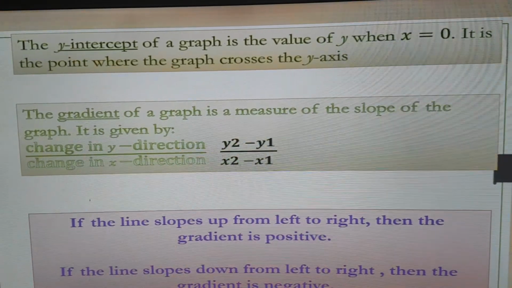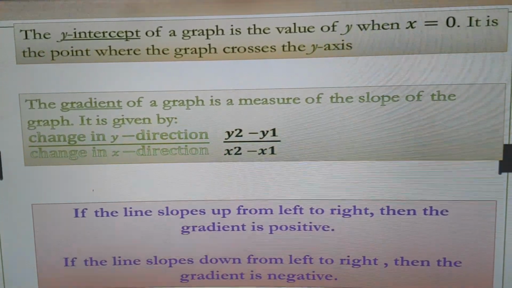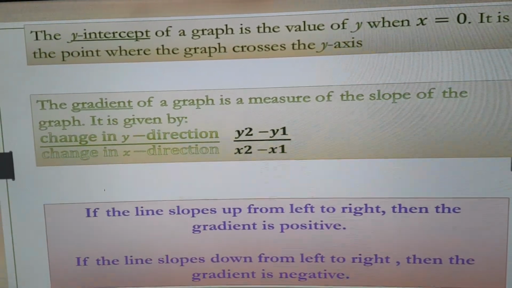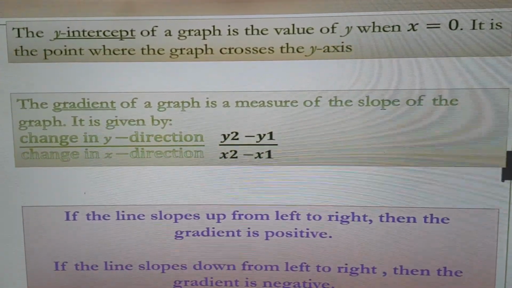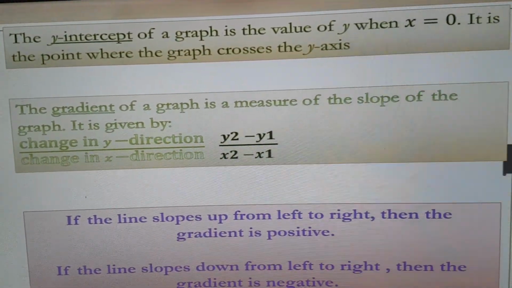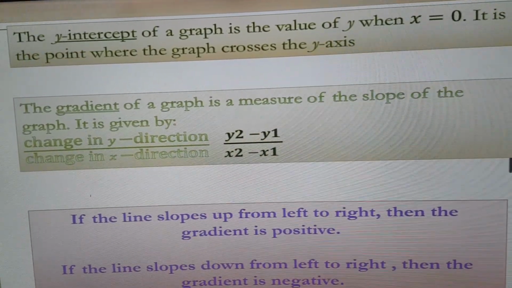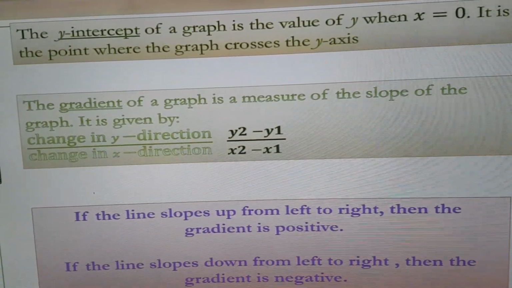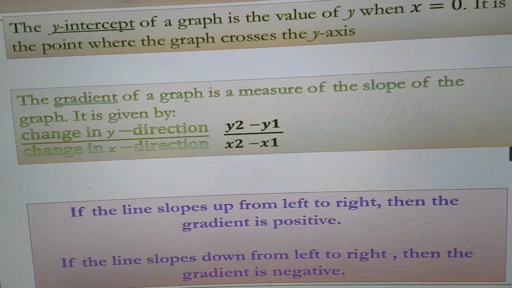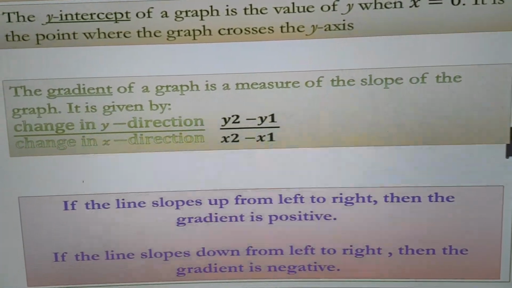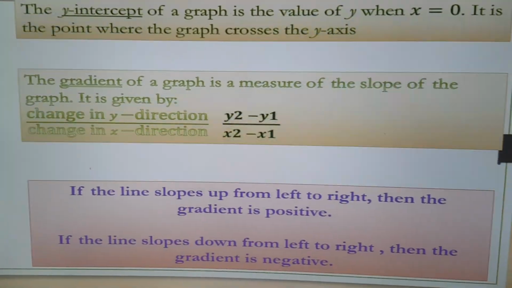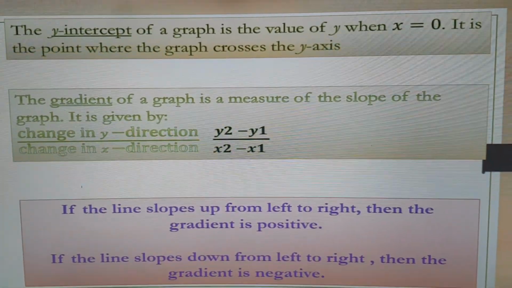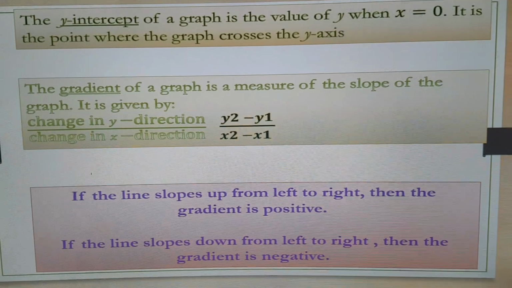So it is the point where the graph crosses the y-axis. And I also mentioned that the gradient of a graph is a measure of the slope of the graph, which is a change in y direction over the change in x. In other words, y2 minus y1 over x2 minus x1.